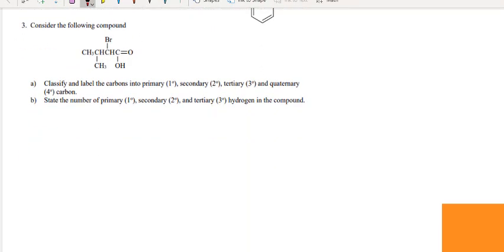As usual, I'm not giving you the answer, but I will guide you how to answer this kind of question. For question number one, let's say you are given this molecular formula C6H14, and how many possible structures can you draw from it?